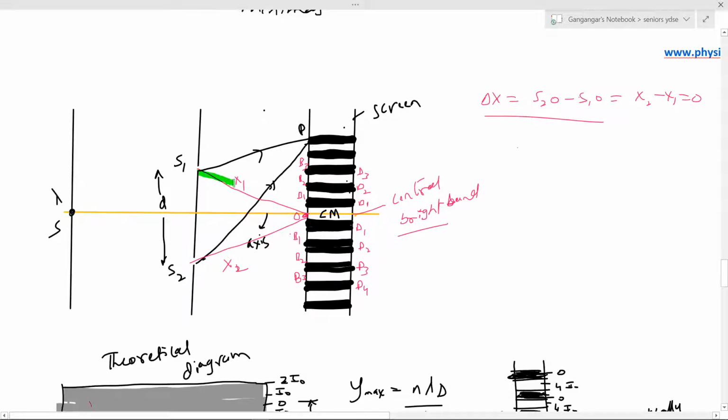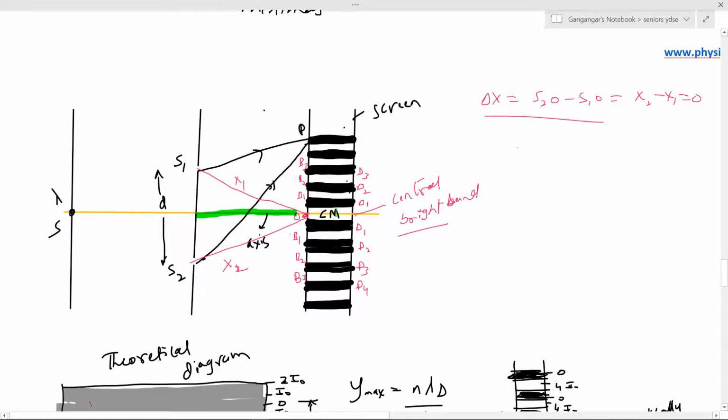This will cover paths S1O and S2O. From geometry, S1O is equal to S2O. So the path difference will be 0, therefore it should be a central maxima, and it will be there at the axis.